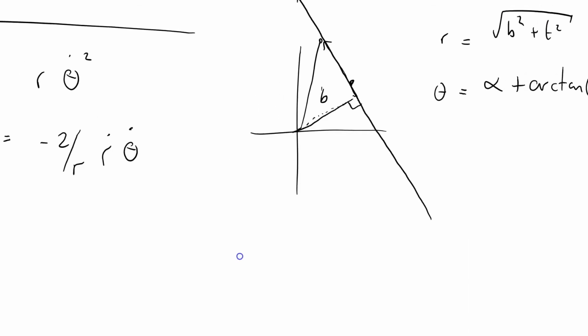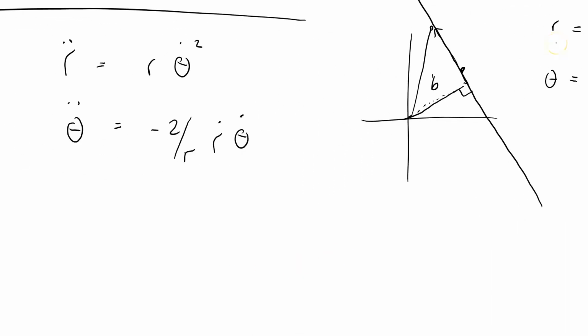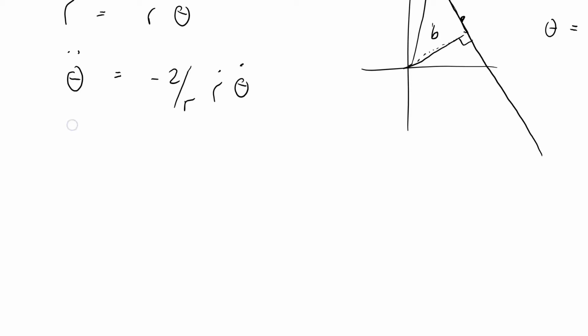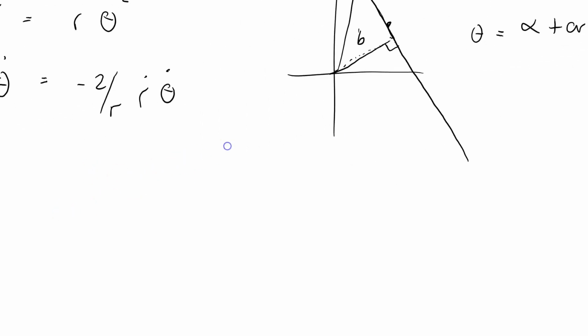So what I want to do is verify that those equations hold. It's a lot harder than I thought, at least, to solve these equations ab initio. You can do it, it's just messy and difficult. So let's start as we are. r equals b squared plus t squared to the 1/2.